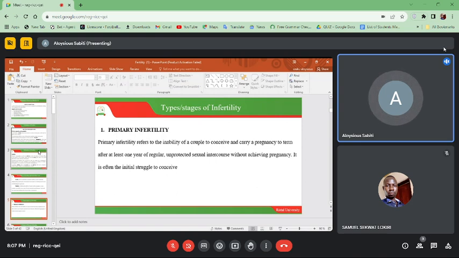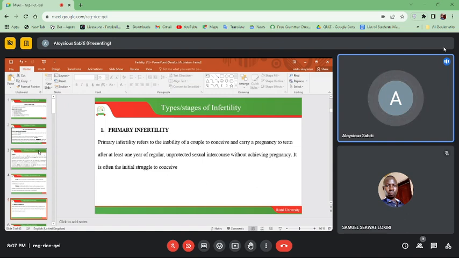So if someone visited you in your health facility and they have continuously told you that they have had sexual intercourse for a period of 1 year, and they have been unable to conceive, the WHO agrees that you can diagnose this person as sterile or with infertility in that regard, because then they are unable to carry a pregnancy.